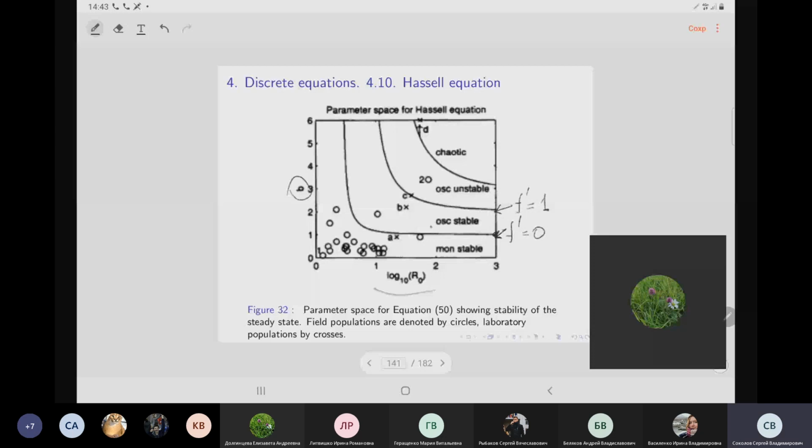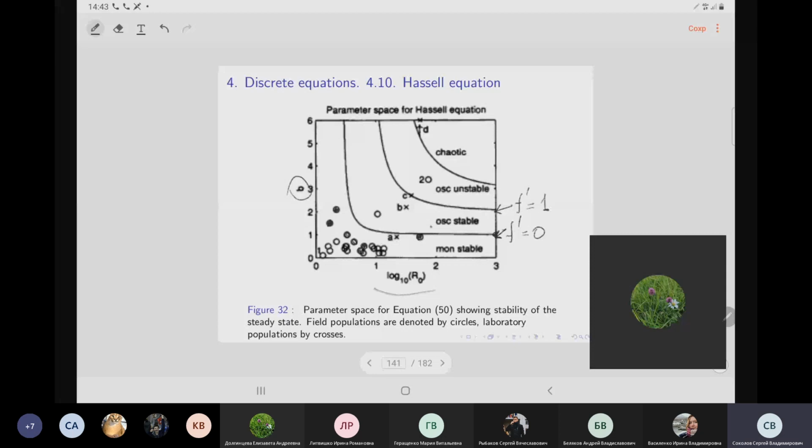And we can analyze our real populations of different insects. We can see that the circles here are field populations, so the populations that exist in the wild. There is a huge number of populations, and we see that all of them are in a monotonically stable region.